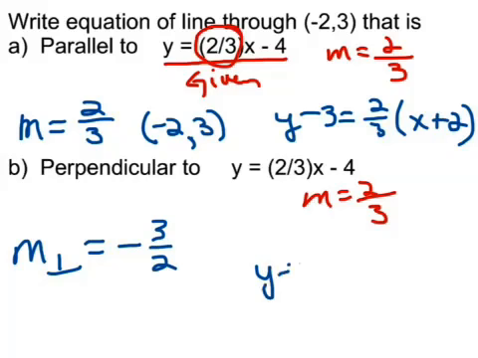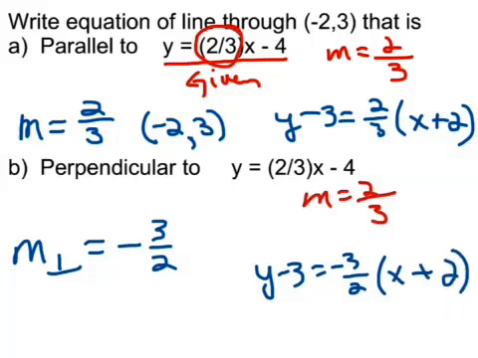So the answer would be y minus 3 equals negative 3/2 times the quantity x plus 2. Notice everything's the same as this answer, except the slope. The slope has been changed. It's the opposite reciprocal of the given line. We had one line, and then we were asked to find the equation of the perpendicular and the parallel.